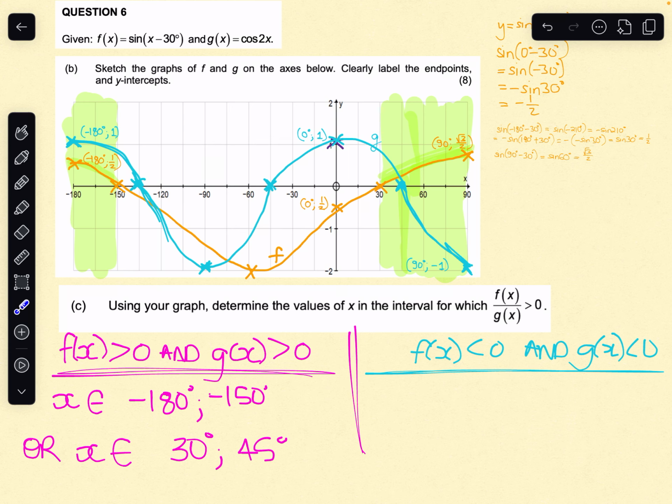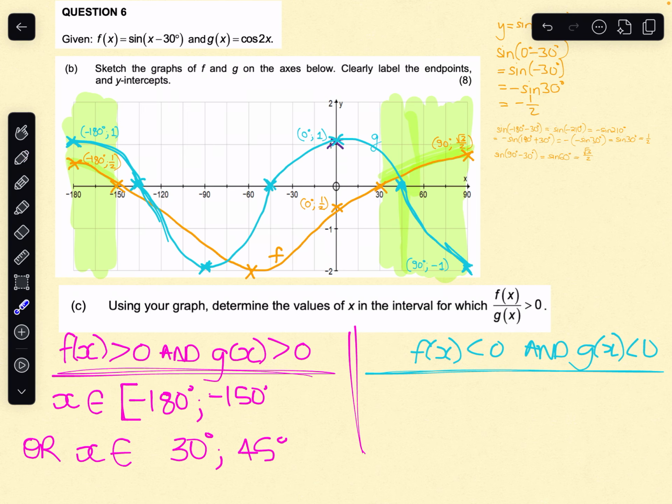So let's think about whether we are including these boundaries, including one of them, not including any of them. So when x is equal to minus 180, both of these are above 0. If I divide the one by the other, I'm going to get something positive, i.e. something greater than 0. So I can include minus 180.